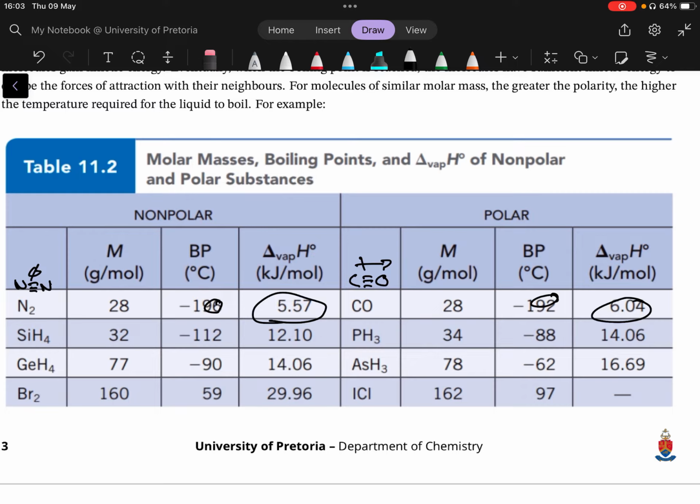And you see that trend throughout. The one that's perhaps easier to see is bromine and ICl, both of them linear, both of them similar molecular mass, but you can see the boiling points differ quite intensely. And in fact, for this one, we don't even know what the enthalpy of vaporization is. So that's the general idea.